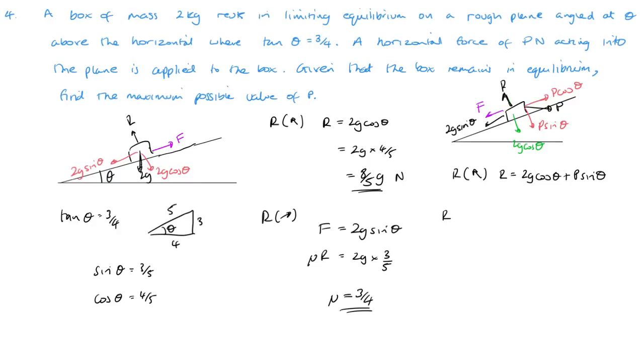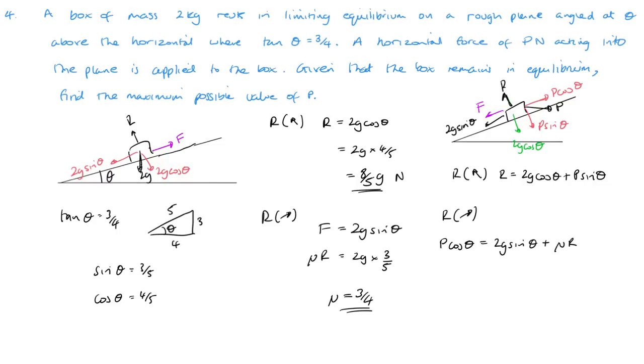And then if we resolve up the slope, we have P cos theta is equal to 2g sine theta plus mu R, okay, for the friction. Now we can substitute this R in to here. Let's change the cos theta and the sine theta.